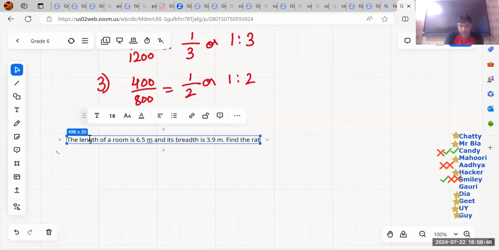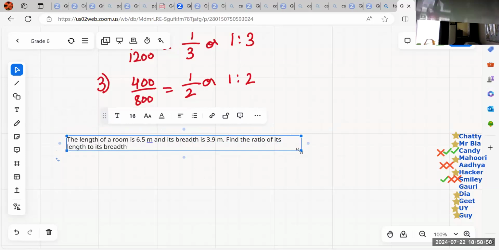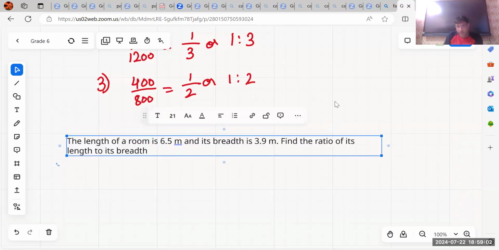Find the ratio of its length to its breadth. Do it, guys. That's the last question of ratio and proportions today. We'll do something else after this.